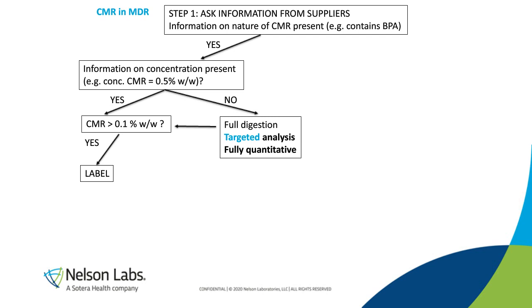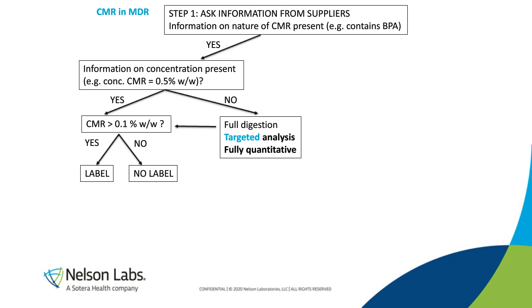What it means is you just have to label your device as having that particular CMR, and also the amount, so that it can be later tracked and identified. If it's not above 0.1% by weight, so if you do have BPA in your device but it's not above that 0.1% by weight, then you don't even have to label it. You're fine. You can just move on from there from a labeling standpoint.